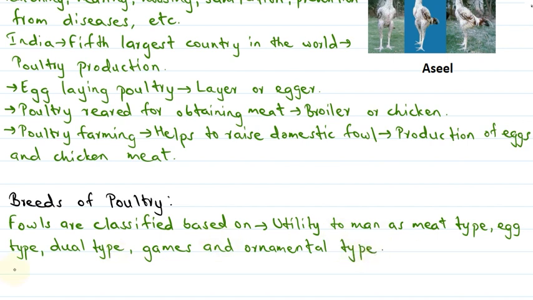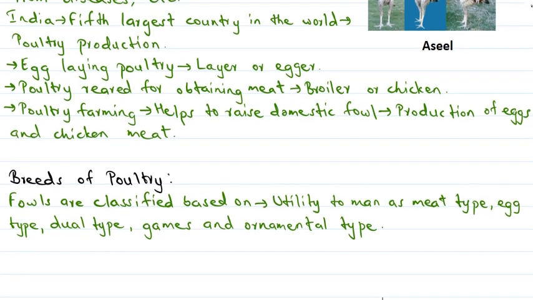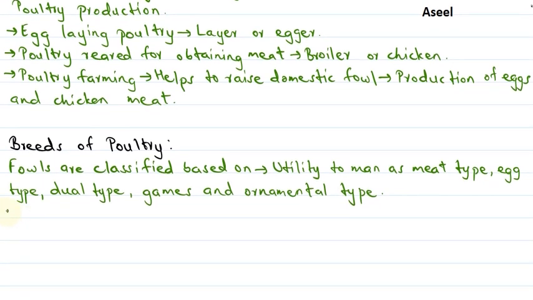Okay. So first we will be talking about the exotic breeds of fowl. Based on their origin, there are 4 major exotic breeds of fowl. There are other indigenous breeds which are also reared.